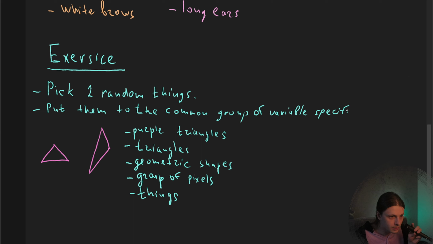Almost. See. What's wrong with my dots? Yeah, okay. So, the exercise: pick two random things, put them to the common group of variable specificity.